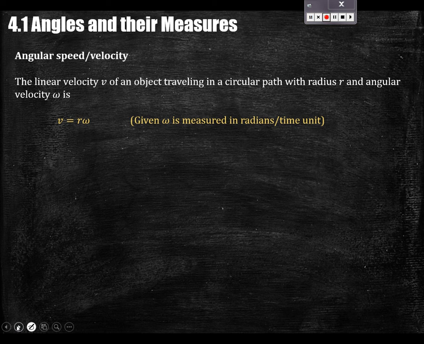So can someone give an example? Maybe you thought about angular velocity, maybe you haven't, but what's a real world example of an angular velocity? Do you have one? So what angle measure per unit of time are we going to deal with there? I want something where I can think about how fast something's rotating.